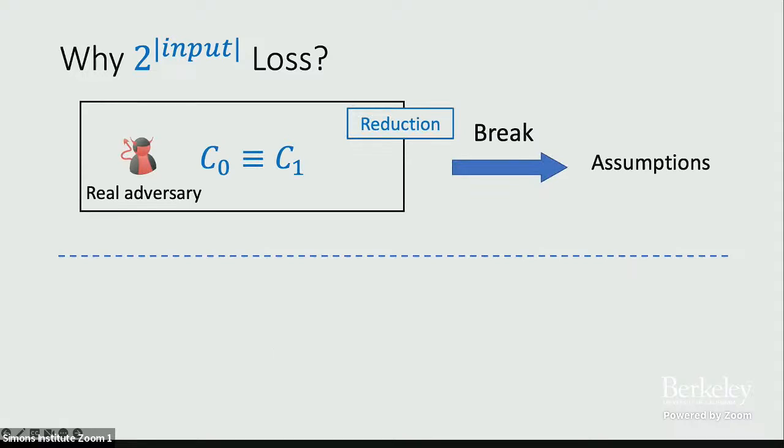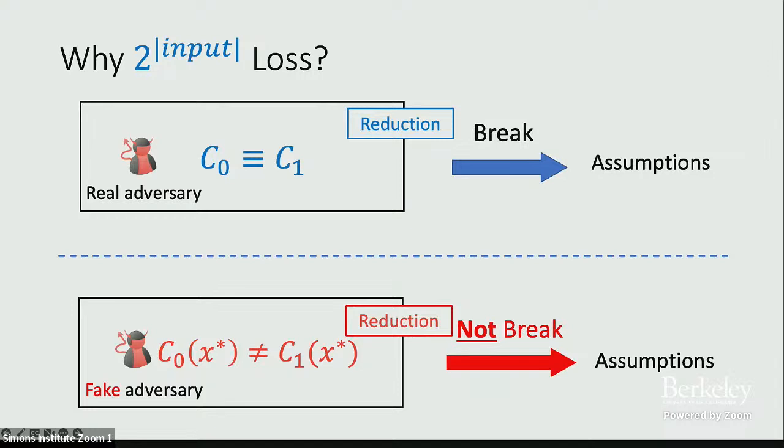The observation is that to prove the security of I/O, if the adversary always chooses 2 circuits that are functionality equivalent, then the reduction algorithm should break the underlying assumption. On the other hand, if we switch this adversary to a fake adversary that always chooses 2 circuits that differ at some point x star, then such an adversary always exists in polynomial time, because if this adversary knows this point x star, then he can certainly distinguish the obfuscated program by running the obfuscated program at this point x star and observing its output.